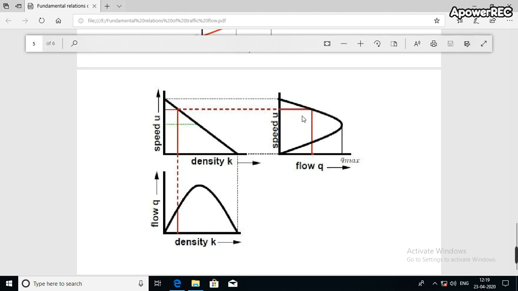If the flow does not occur, the speed will have to change. So in both the cases, obviously the speed value is decreasing from here to here, and from here to here, the speed is trying to decrease.